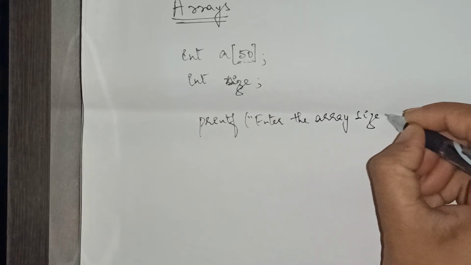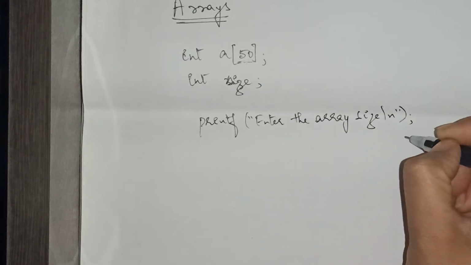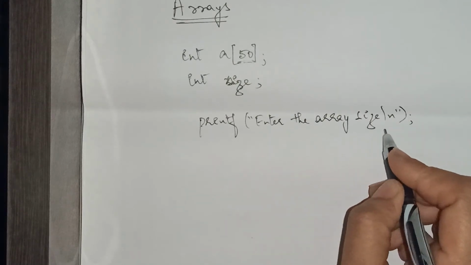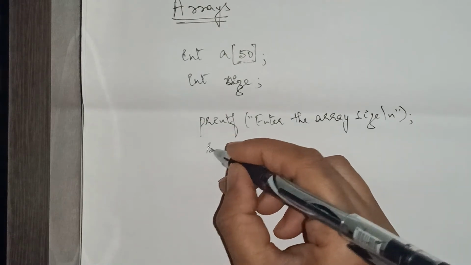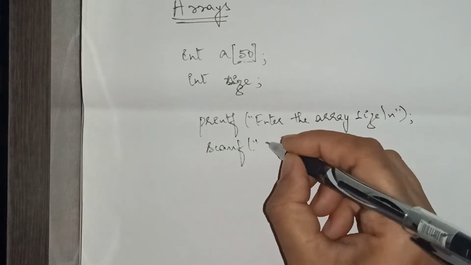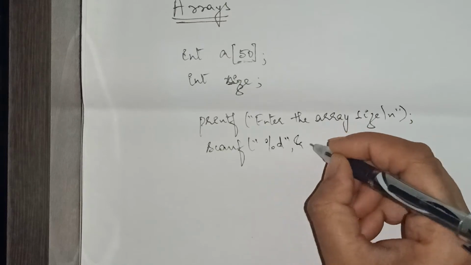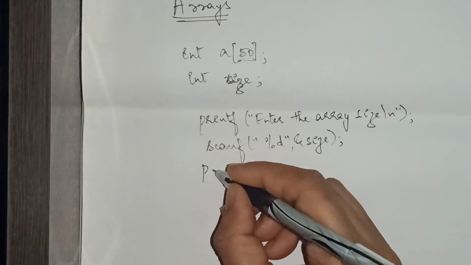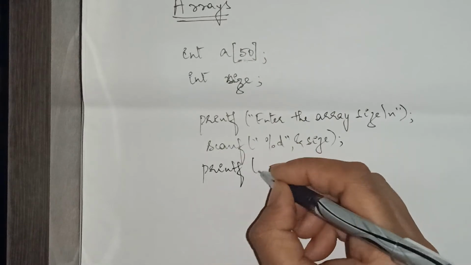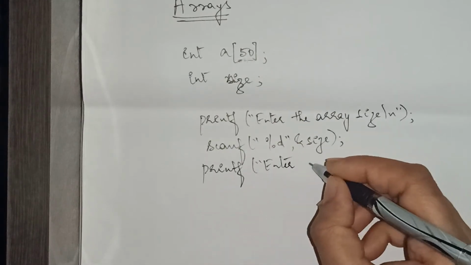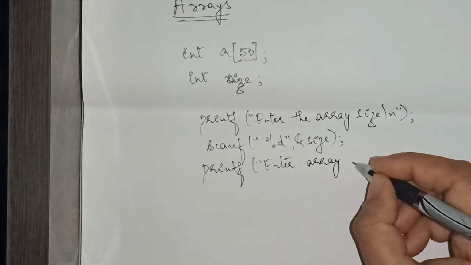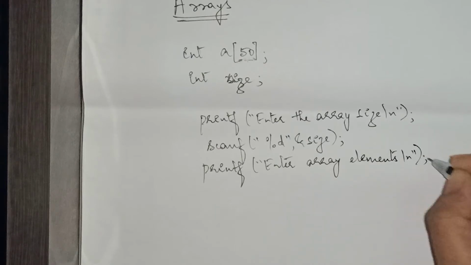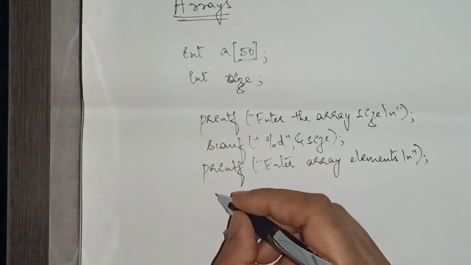For the elective course example, you can ask the user to enter the number of students registered to the course. That could be read and stored in your size variable, right? Next, you will be asking the user to enter the array elements. In the example, you will be asking the user to enter the student marks.